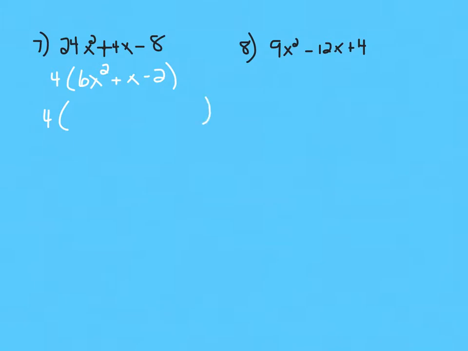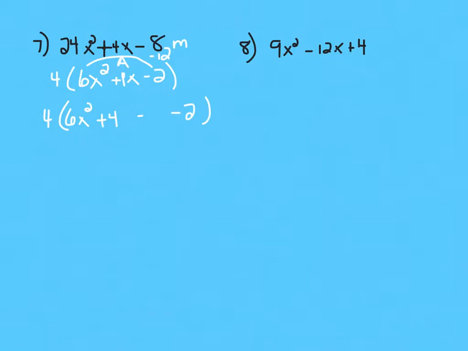When I do the rainbow, I bring down my first term, I bring down my last term, and I have to come up with two numbers that multiply to negative 12. Okay, I'm getting that negative 12 by multiplying the 6 and the negative 2. And they're also going to have to add to this number in front of the x, which is a 1. Okay, so two numbers that multiply to negative 12 and add to positive 1 would be positive 4 and negative 3.